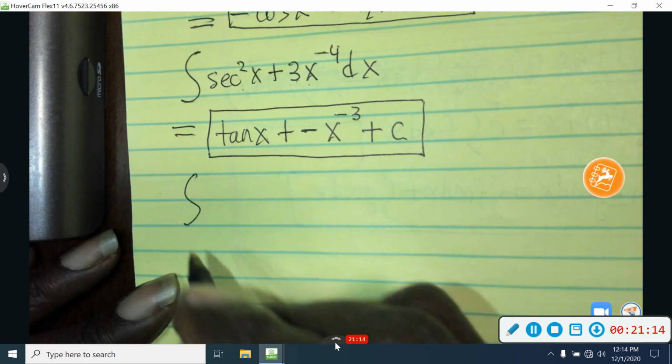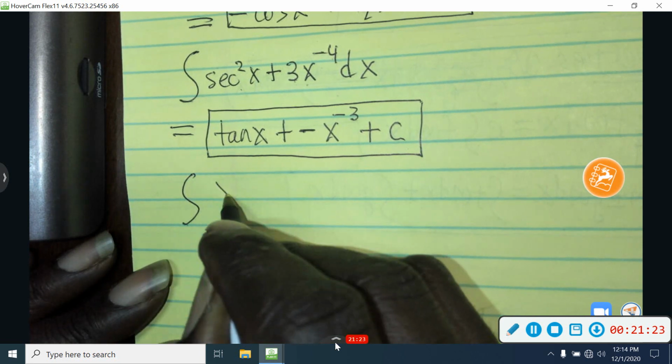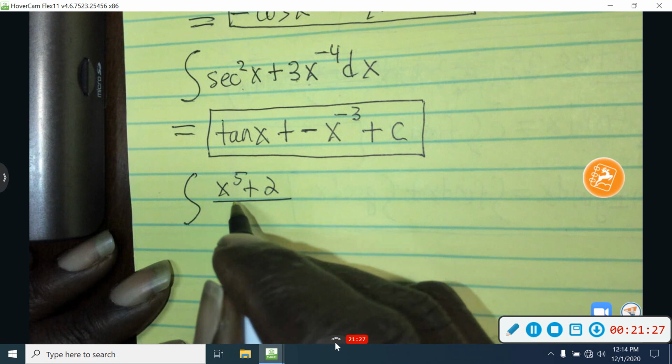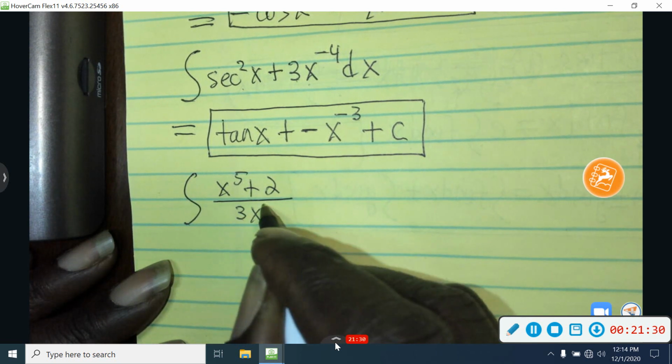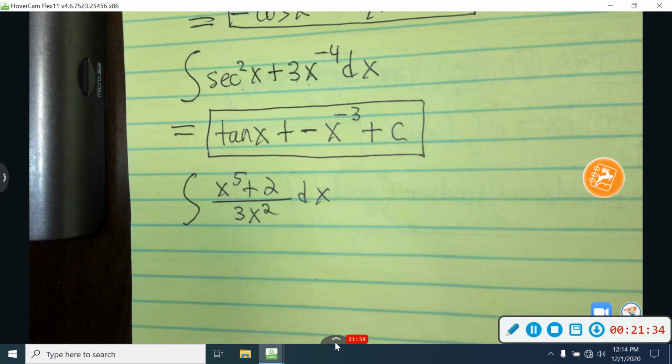How about the indefinite integral of x to the 5th plus 2 divided by 3x squared? Now be careful, this is not a reverse power rule, because this isn't a power of x.